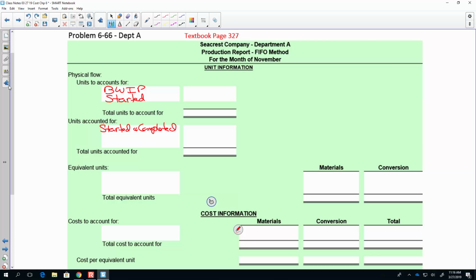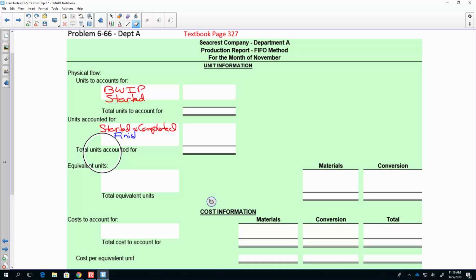To complete or finish beginning with. Just call it beginning with. And then ending with. That's what I wanted, step one.